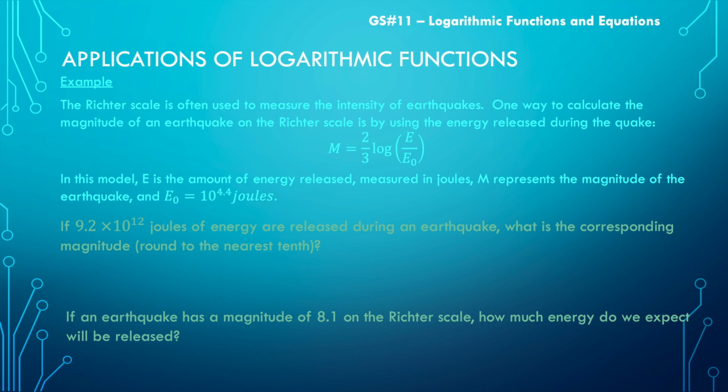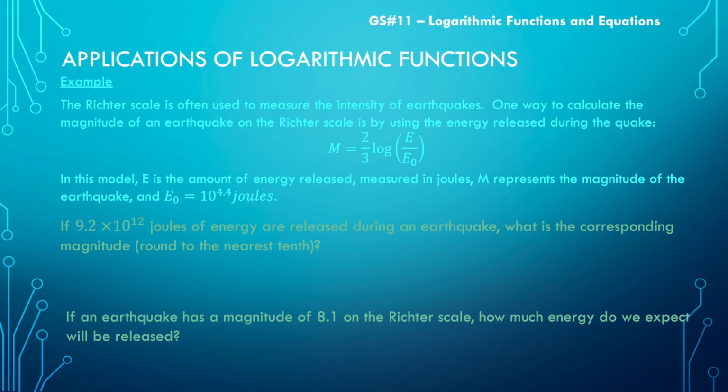So we could solve problems such as this. And if you're into seismology, this is right up your alley. What if 9.2 times 10 to the 12th joules of energy are released during an earthquake? How could we find the corresponding magnitude, rounding to the nearest tenth?